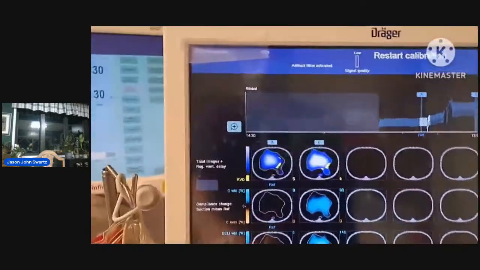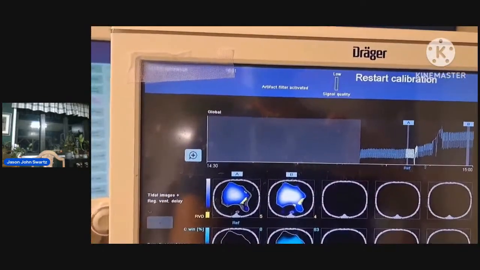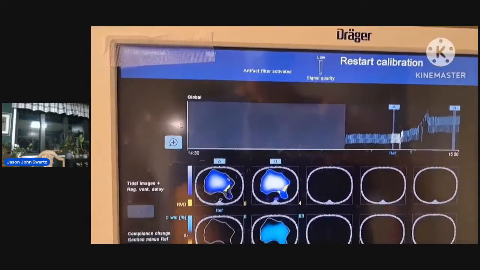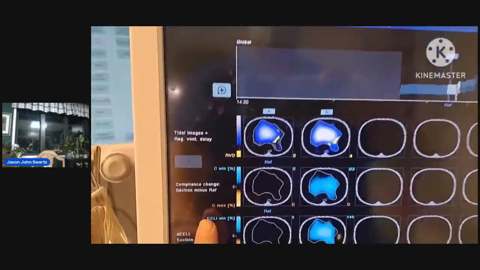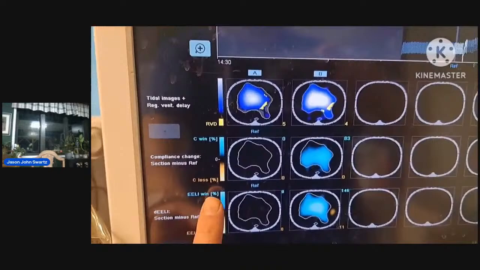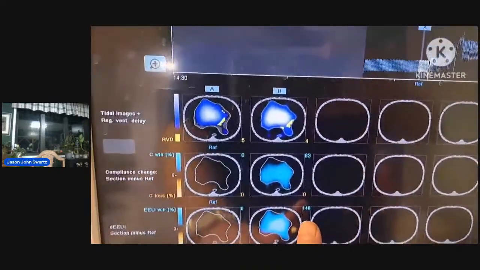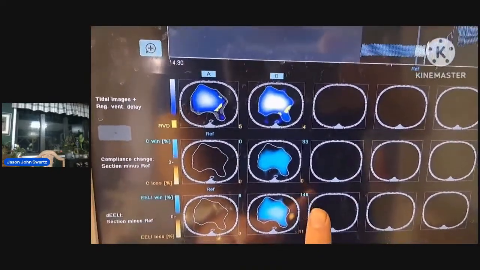So over here, we're comparing the previous mode to APRV, and we see here that the end expiratory lung impedance percentage is a gain of 146%.